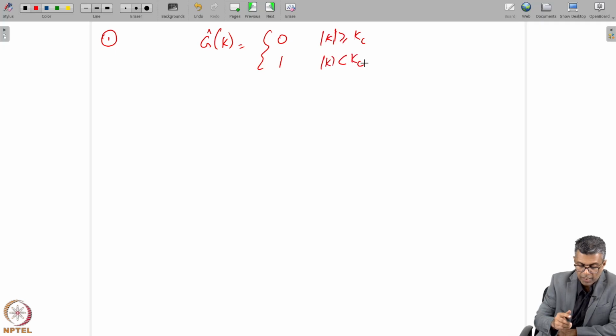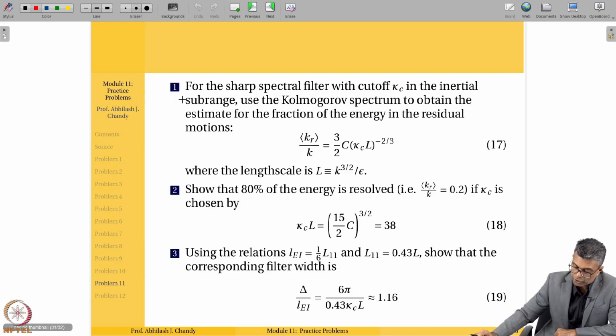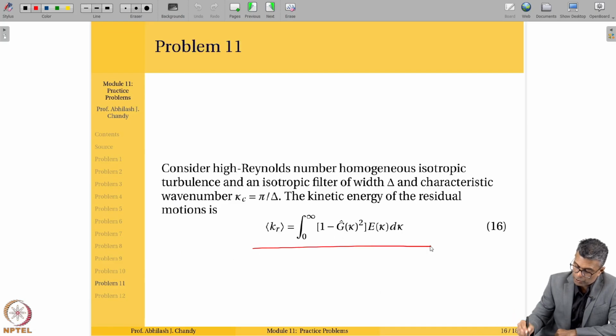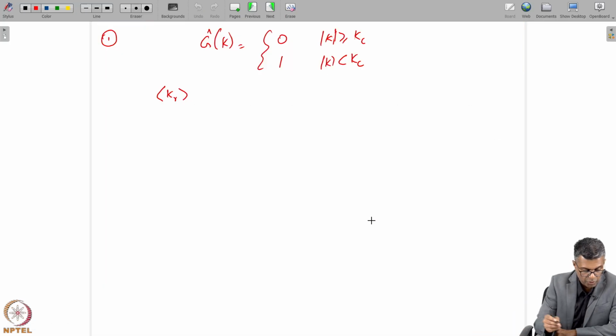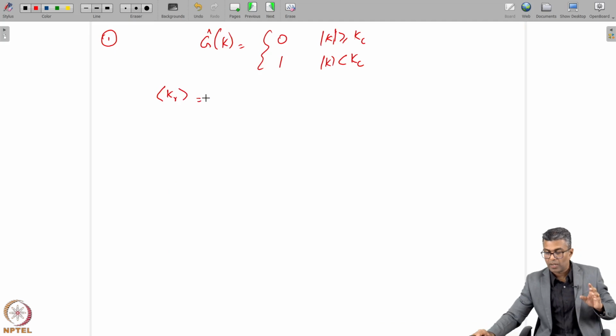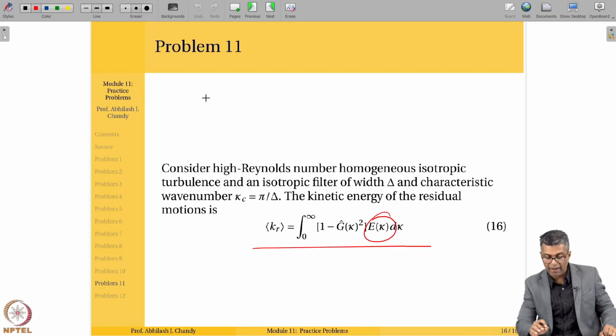Now consider K r, the residual motions, and I'll go to the definition of K r right here. You are using the Kolmogorov spectrum for E of kappa. Remember, I have 1 minus g hat of kappa squared.